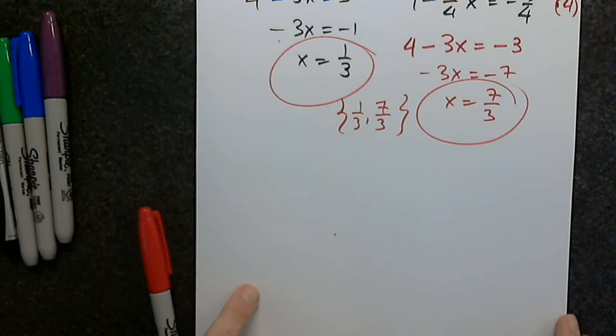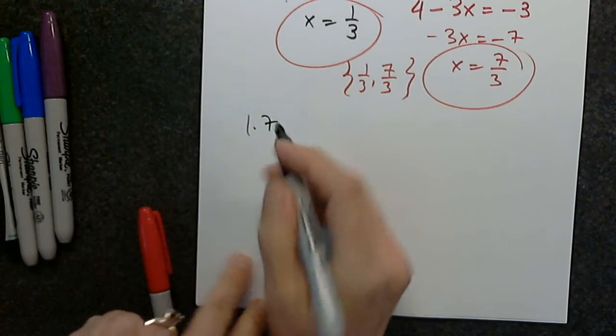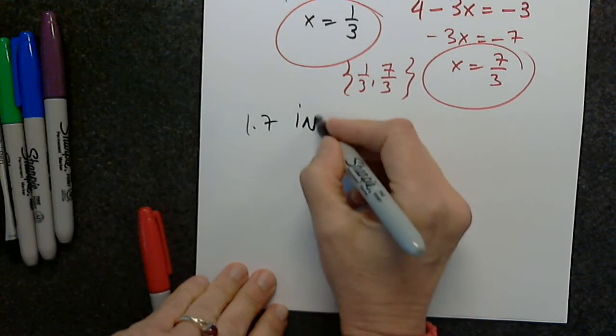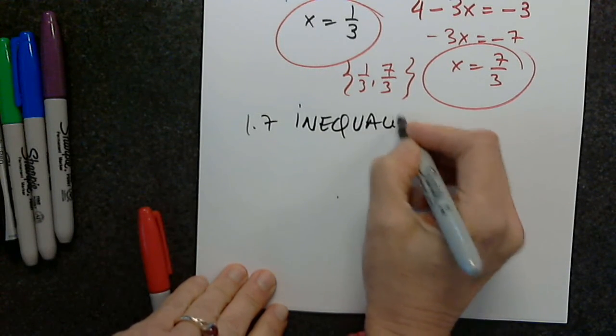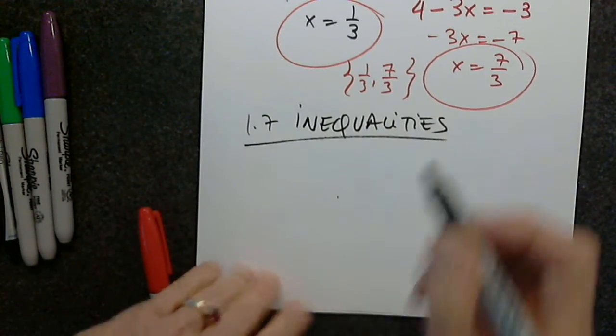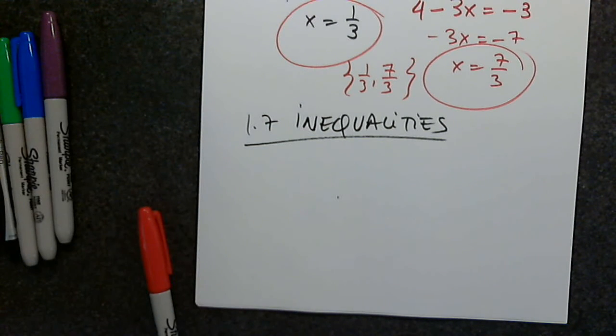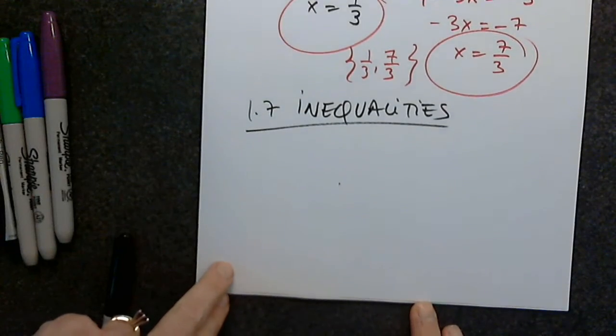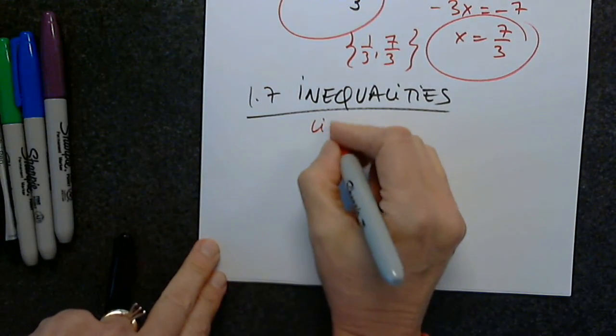Any questions? Okay, last section of chapter 1 is 1.7, inequalities. We will look at 3 types here: linear, compound, and absolute value.